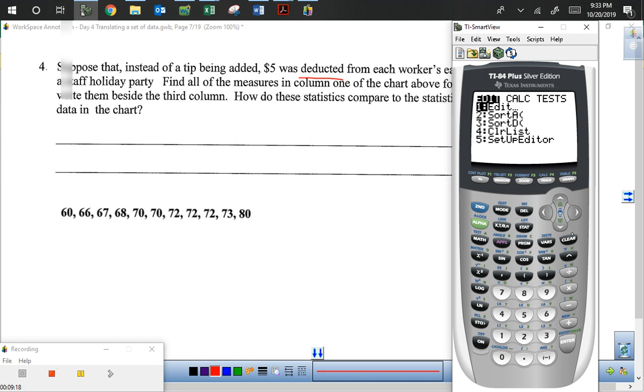In our list, what we can do is just clear out this list too and basically repeat that process. Now $5 is deducted from each one, so we can hit second list 1 and then subtract that 5. All right, so our new numbers here, 55, 61, 62. Our job is to fill in the column that you saw, the minus 5.